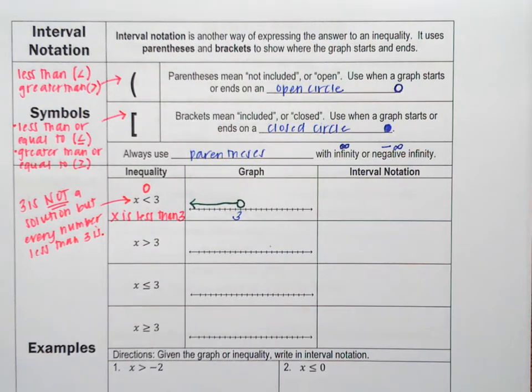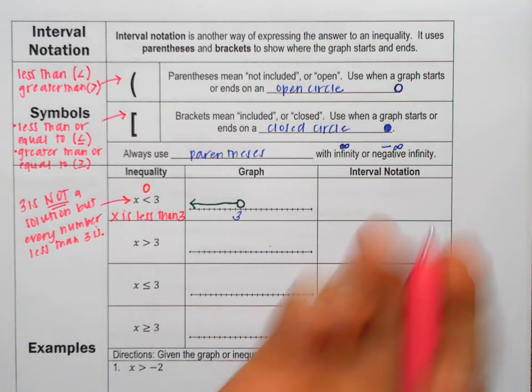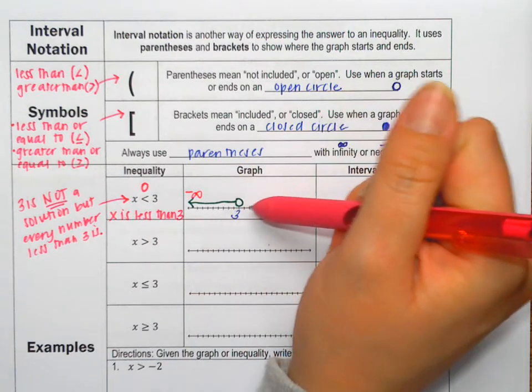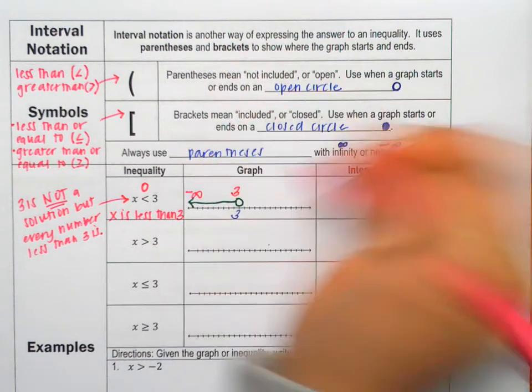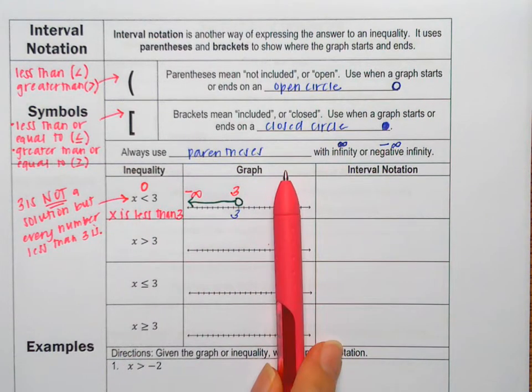Okay, so let's get into interval notation. The way I usually look at it is I use my graph to help me. It's going in the negative direction forever, which means it's going towards negative infinity. And then it's ending at 3. When we write interval notation, we're always writing it from left to right.